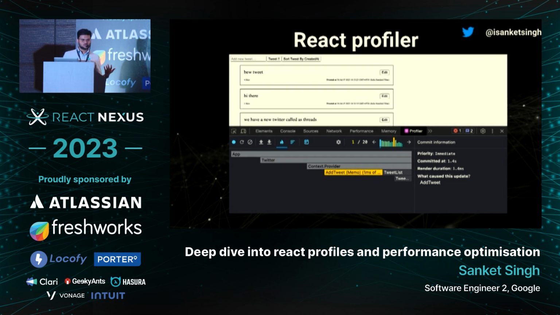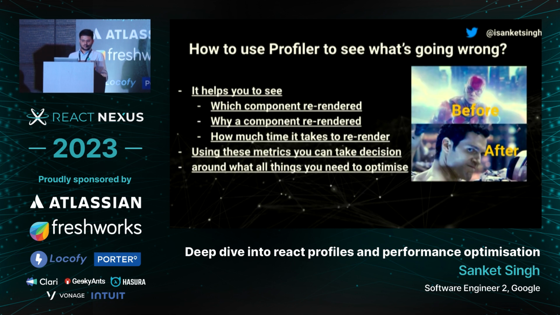Using Profiler, you can see what's going wrong: which component re-rendered, why it re-rendered, and how much time it is taking. Using these metrics, you can take decisions around what things you need to optimize.